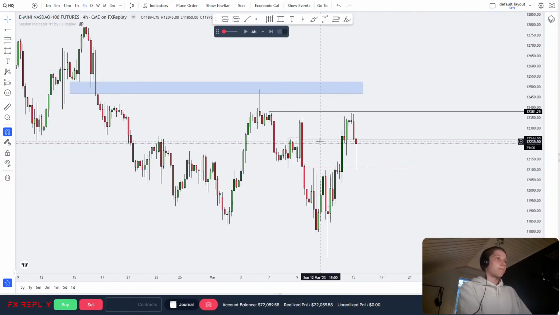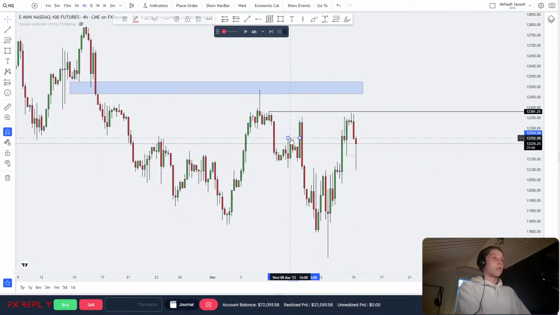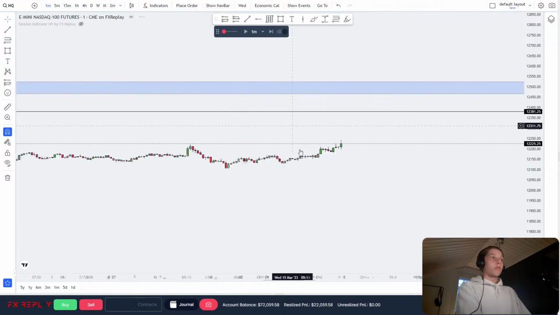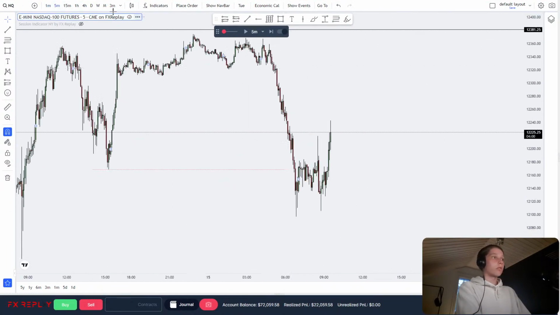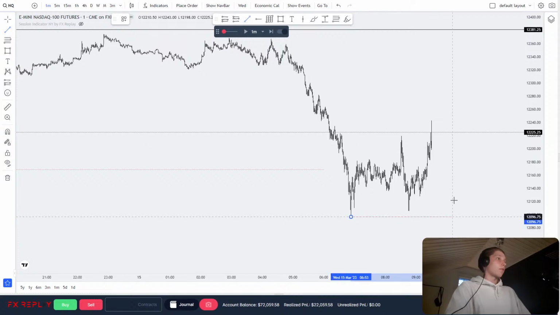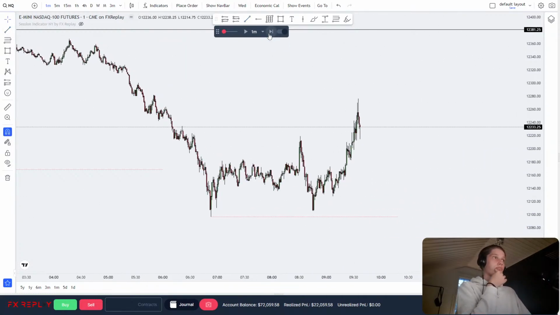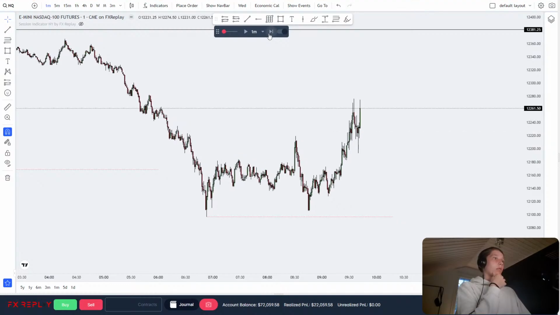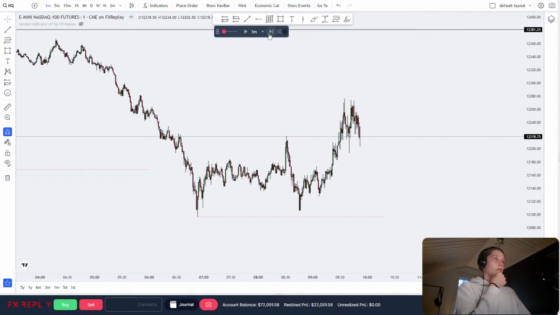So let's see. Sweep of those lows. Bull and bull, definitely. Although we got these. I hope this is like an SMT. I don't have SMT here now, but I would want to see a bearish gap now being inverted.